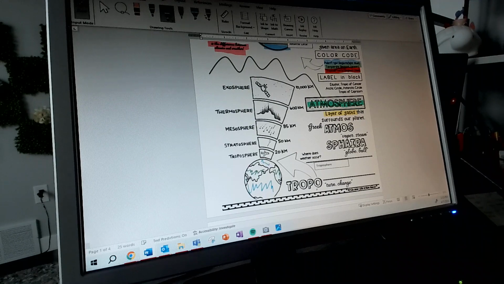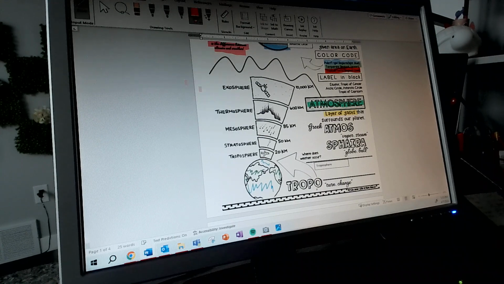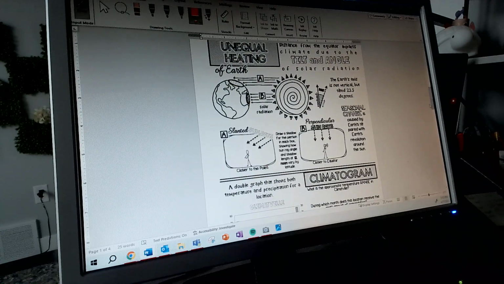And then if you could color in some of this, but I'm going to go through and highlight. There are certain things you're going to need to answer depending on the page you are on. So unequal heating, you will need to draw a shadow.